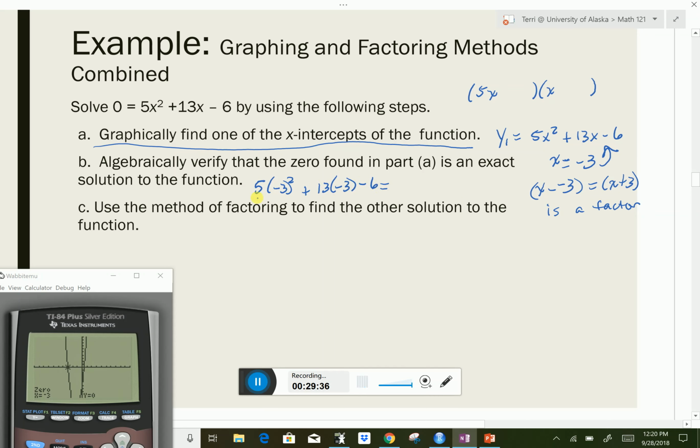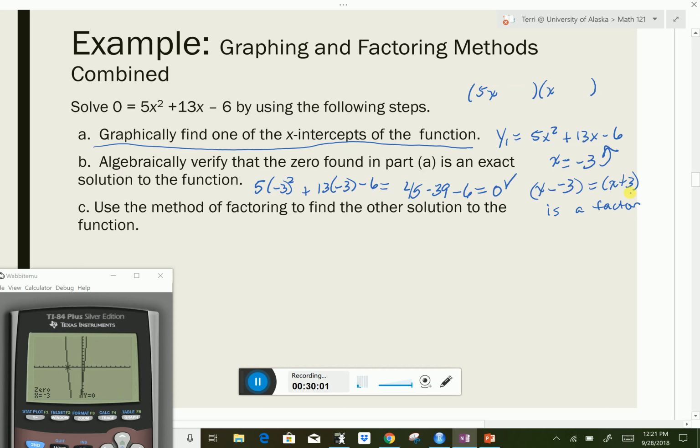Let's see what that equals. 5 times negative 3 squared is positive 9, so that's 45. 13 times negative 3 is, oops, I was already in the next one. Brain gets ahead of me. Minus 39 minus 6. 45 minus 39 is 6, minus 6 is 0. So it is an exact solution.